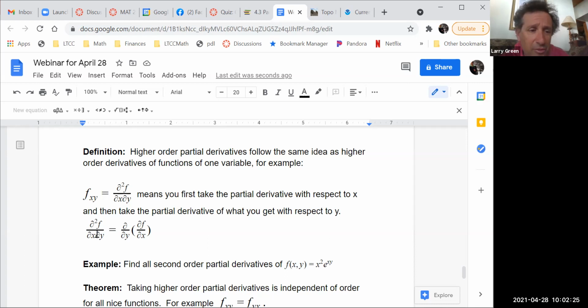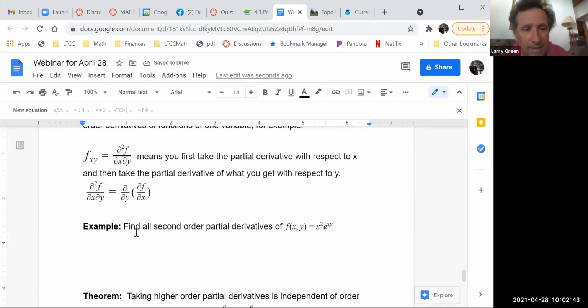Or in other words, del squared f over del x del y is equal to del over del y of del f over del x. It's a lot of symbols and messy talking. It's much easier to see an example. So let me do an example.